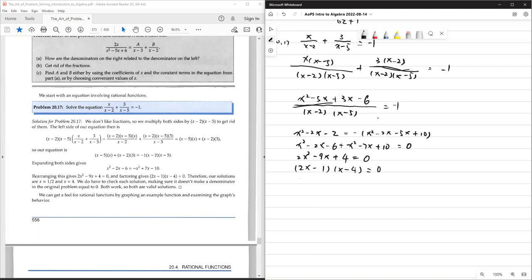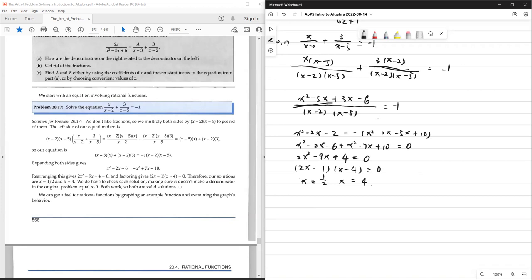You can try to solve it, and this will give you the roots x equals 1/2 and x equals 4. What you want to really make sure is to plug it back into the original equation so it works out. So it does not end up with a 0 denominator. In this case, x is neither 2 or 5. It should be fine.